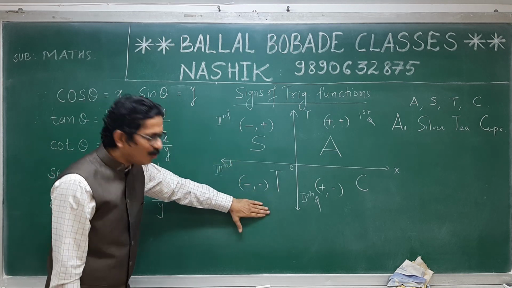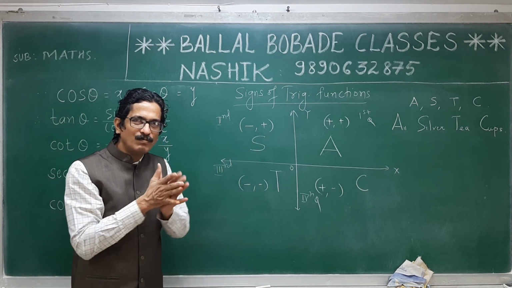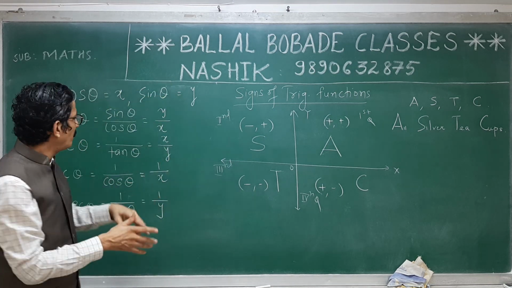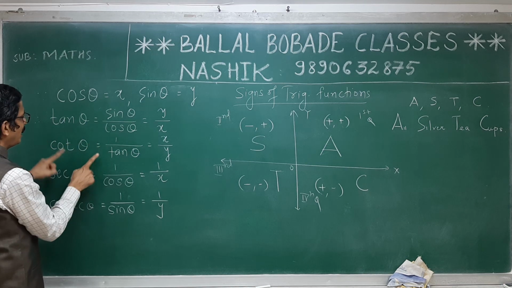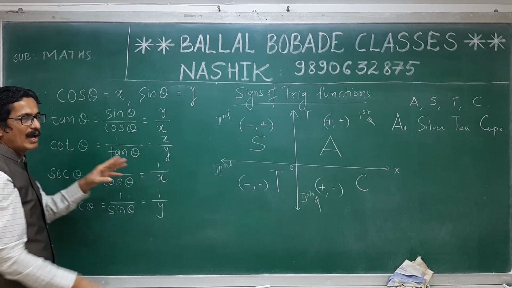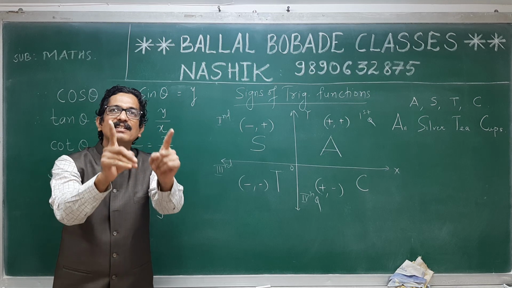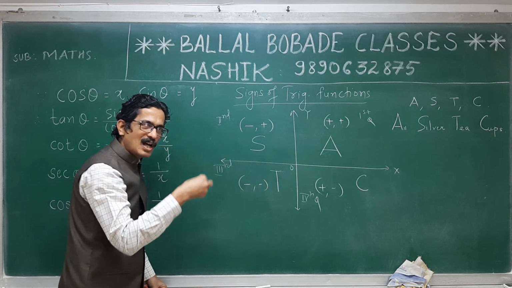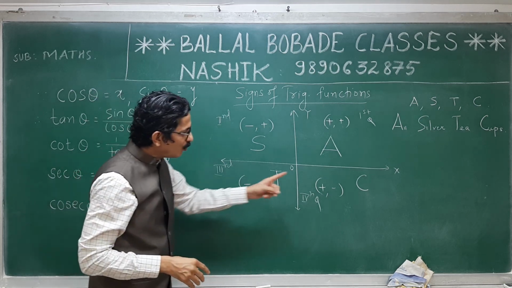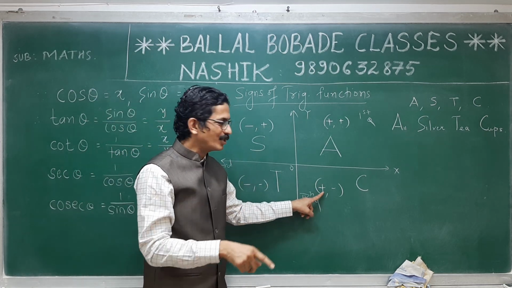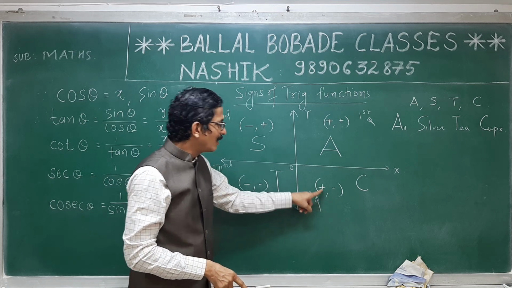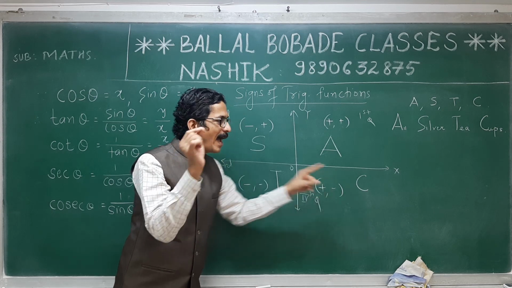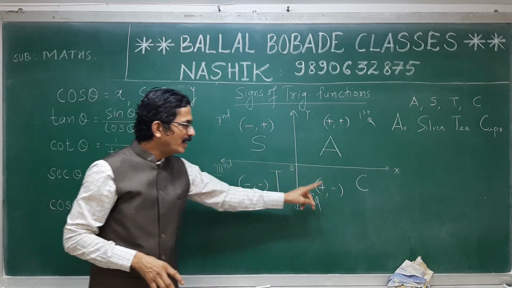When it comes to third quadrant, x and y both are negative, and therefore wherever only x or only y comes, negative. But here tan theta and cot theta, y upon x, x upon y, minus upon minus is plus, and therefore in third quadrant tan and cot ratios are positive. And the fourth quadrant where x is positive, y is negative, x denotes cos, and therefore C has come. So cos theta and sec theta are positive in fourth quadrant.